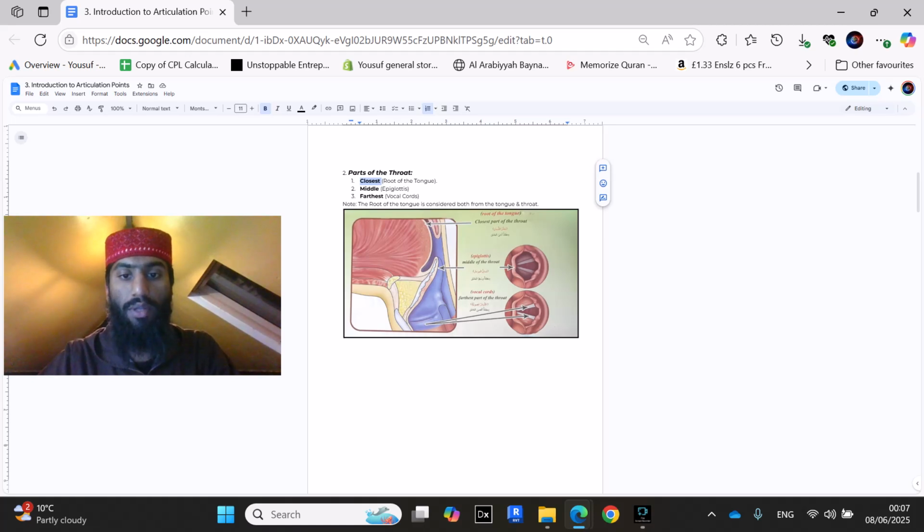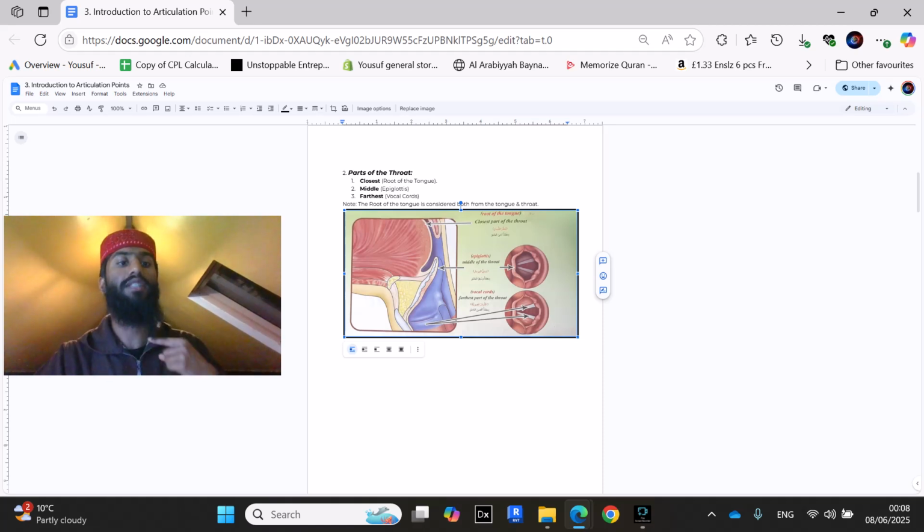Then you have the farthest part of the throat, which is the vocal cords, in the larynx here. Note also how close this is to your tongue. This is the root of your tongue, and the epiglottis is not down here.